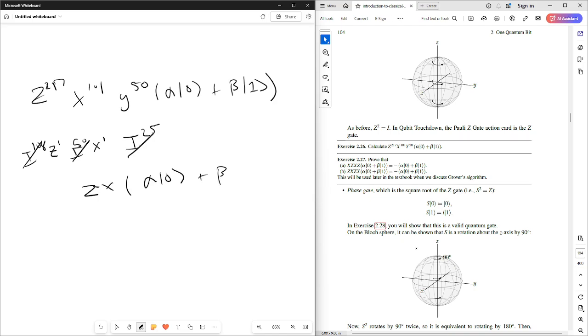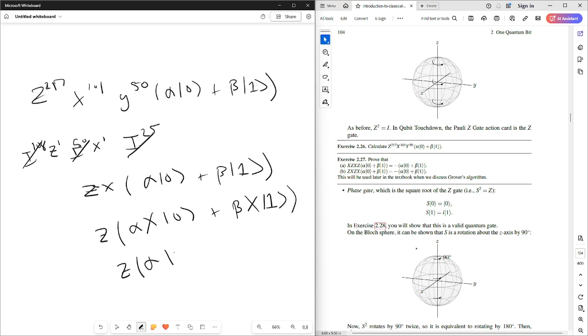0 plus beta 1. We apply innermost first, so we have Z of alpha X 0 plus beta X of state 1. The X gate flips the bit, right, or flips the state, so Z of alpha 1 plus beta of state 0.